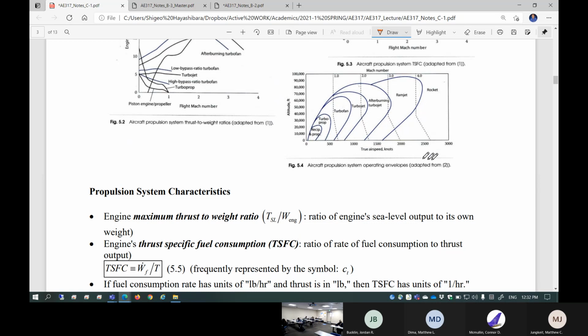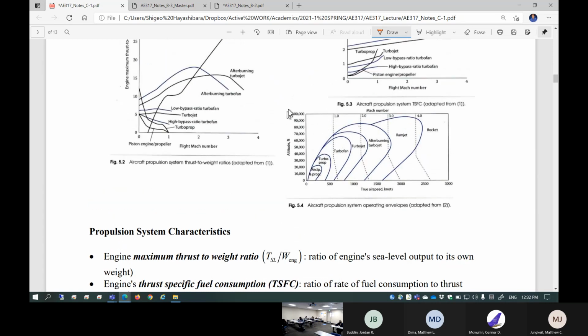So this is going to come into the factor. That means how strong your engine is versus how heavy your engine is. That's called maximum thrust to weight ratio, the y-axis here. And this is the flight Mach number. Suppose your airplane is a subsonic airplane, and the maximum thrust to weight ratio is fairly low, your choice is probably this one, piston engine propeller. Most of you actually ended up with a piston engine propeller configuration, which doesn't surprise me.